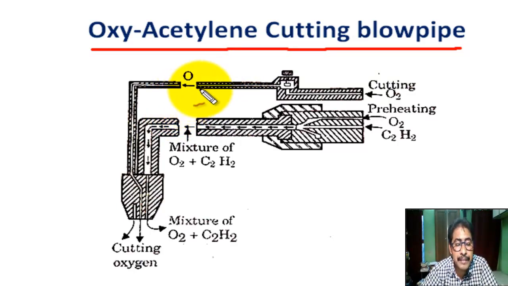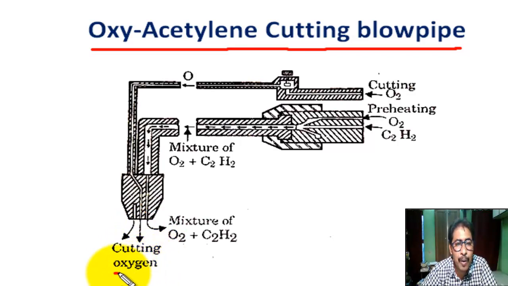This is the pipe of cutting oxygen. A high pressure jet of oxygen flows through this. It is placed at the center.